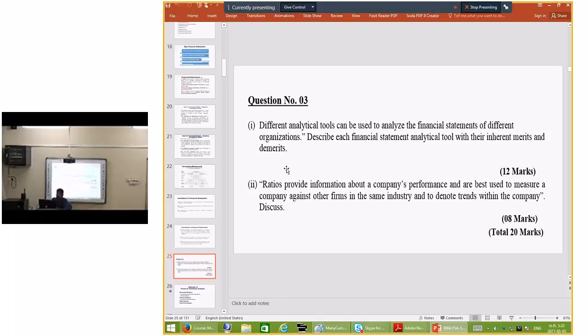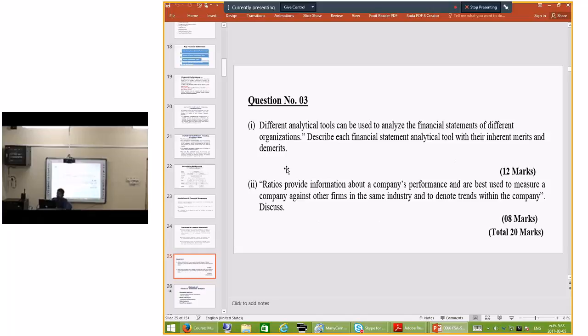And next, asking about the ratios, they provide information about the company's performance and are best used to measure the company against other firms in the same industry, and to denote trends within the company.